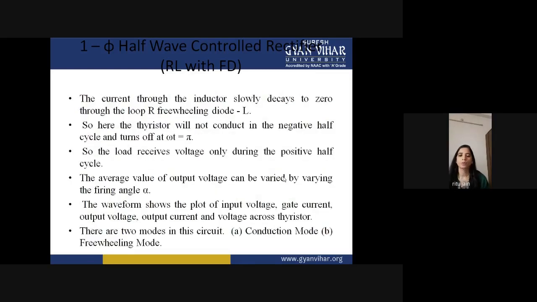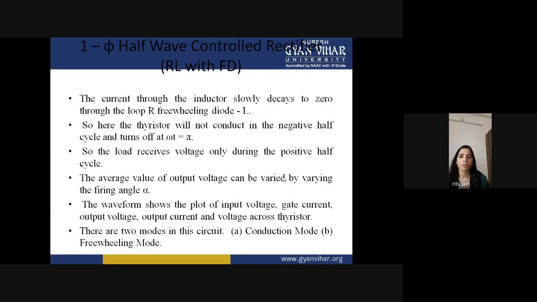So the current through the inductor slowly decays through the loop R, freewheeling diode, and L. So the thyristor will not conduct in the negative half cycle and turns off at omega t equal to pi. The average value of output voltage can be varied by changing the angle alpha.